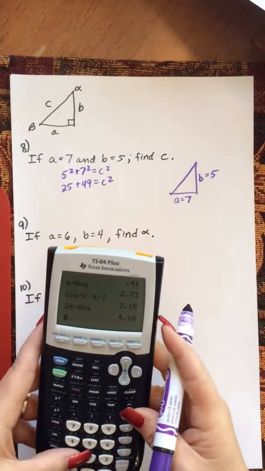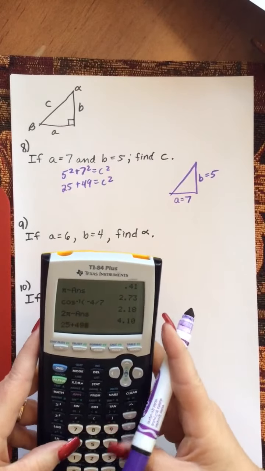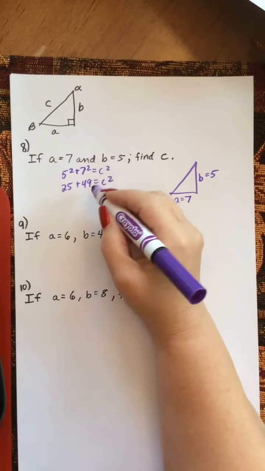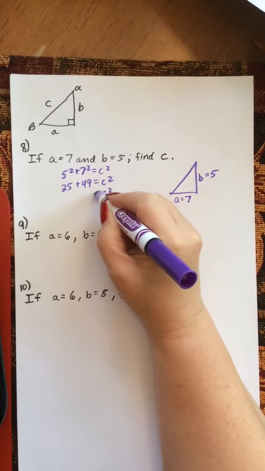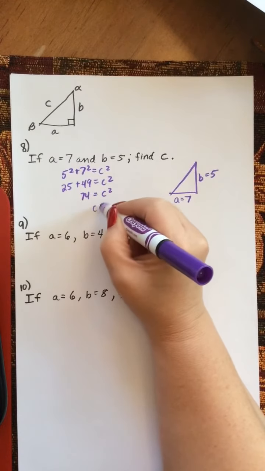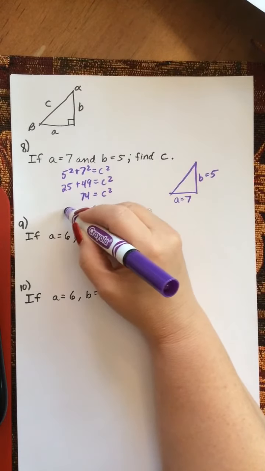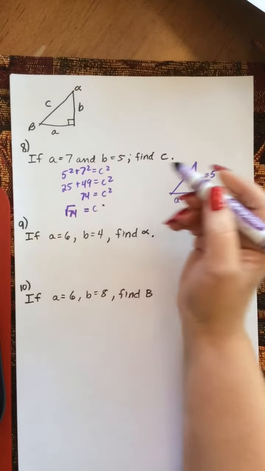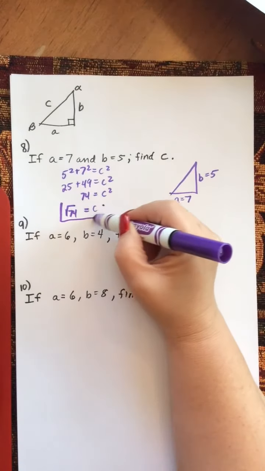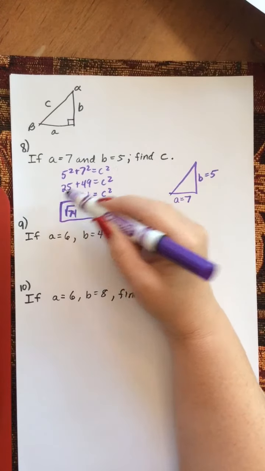Then you could add those in your calculator. 25 plus 49, and you get 74. So C squared is 74. And so C comes out to be the square root of 74. So that would be our answer. C is equal to the square root of 74.